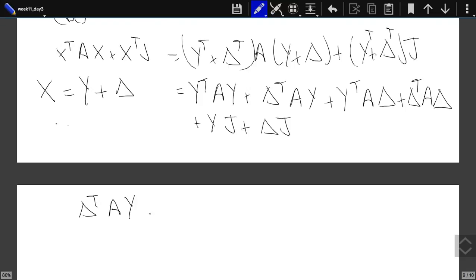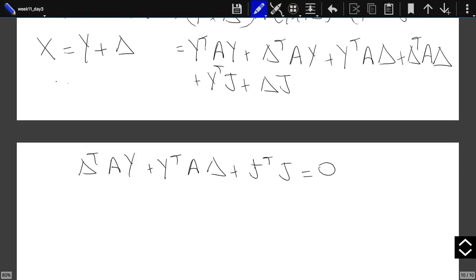Delta transpose A y plus y transpose A delta plus y transpose J, this should be equal to 0. Or A delta plus 1 over 2 J should be equal to 0.